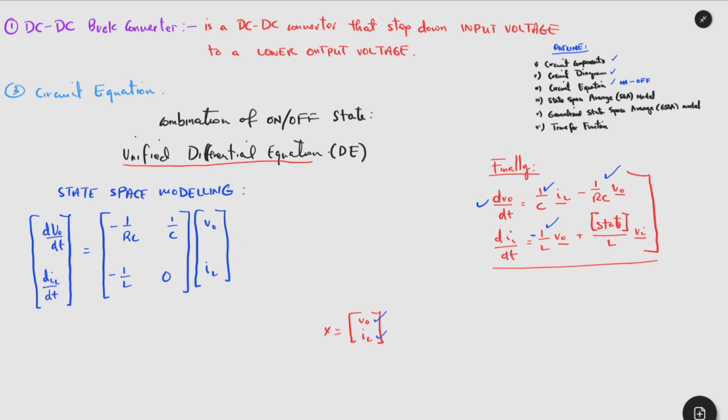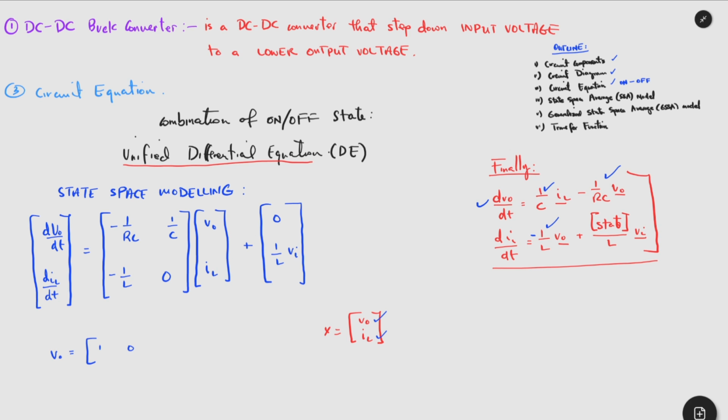So similarly, 1 on l multiplied by v0, we get this equation, and 0 times il, we get this equation. And we had 0 and 1 on l and vi. So this now becomes our state space modeling.